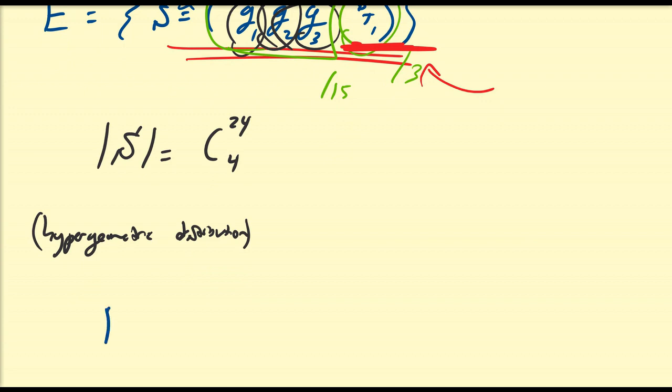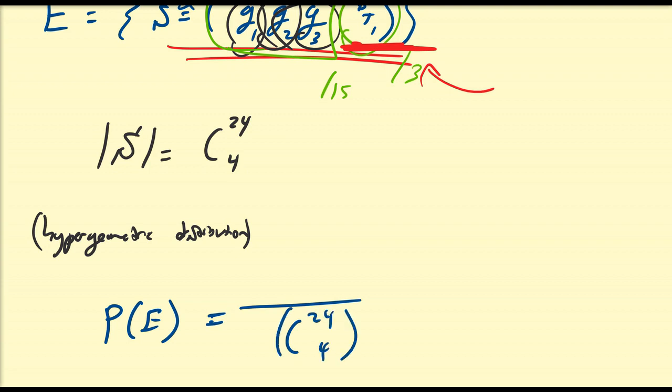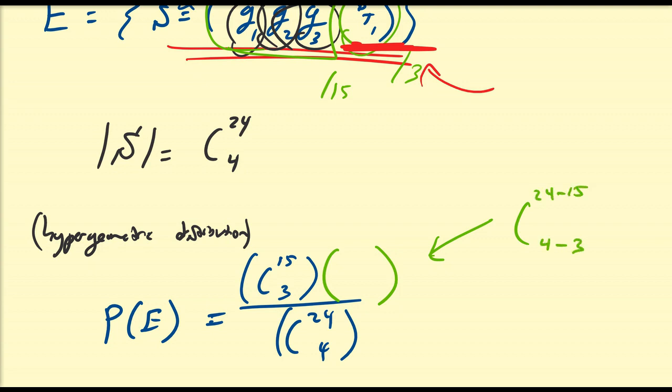So the probability of this event occurring is going to be equal to, so we have C24,4 on the bottom. So there's 15 choose 3 different ways of doing that. Now, if this was a strictly hypergeometric distribution, this next term here, which I'm going to highlight in green, so if we're only focused on 3 general services in this sample, then this is going to be equal to C24 minus 15 and C4 minus 3.